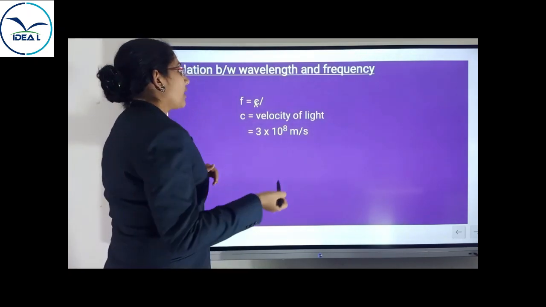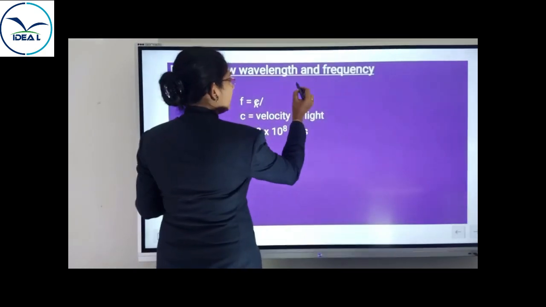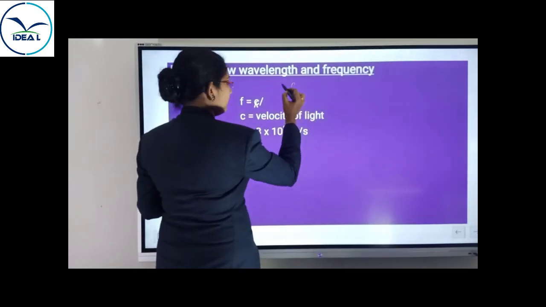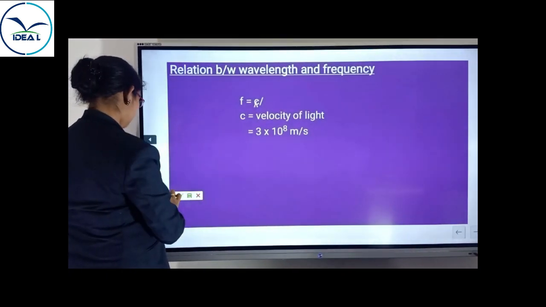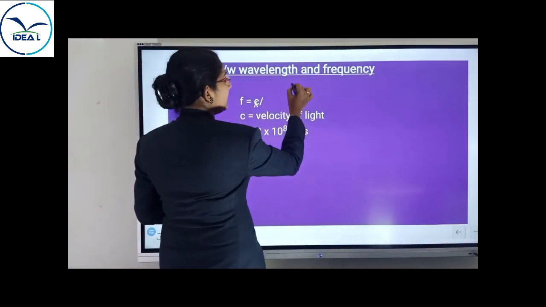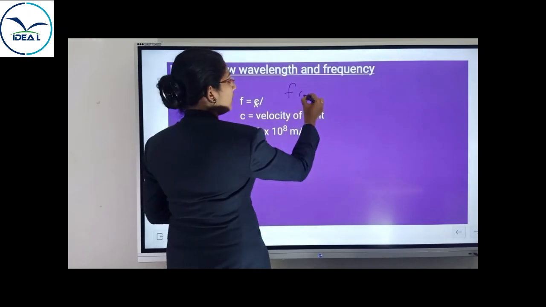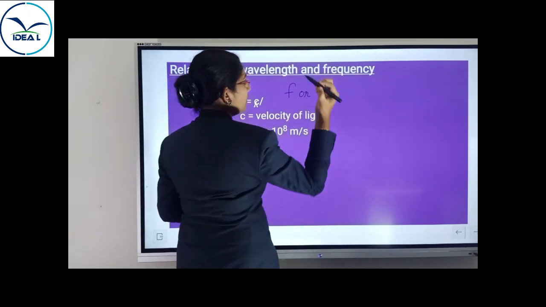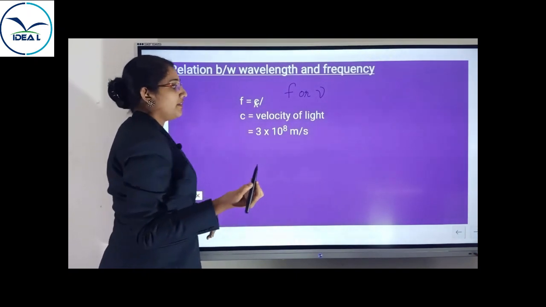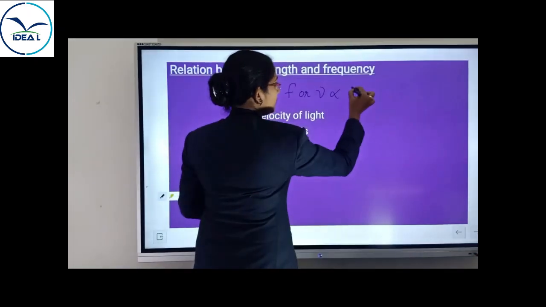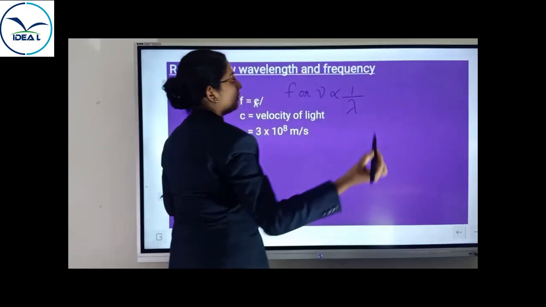So the mathematical expression: frequency can be denoted as f or nu. Frequency is inversely proportional to wavelength, that is, nu is proportional to 1 by lambda.